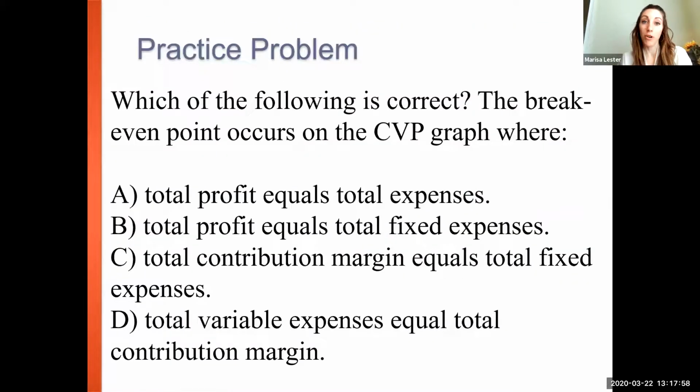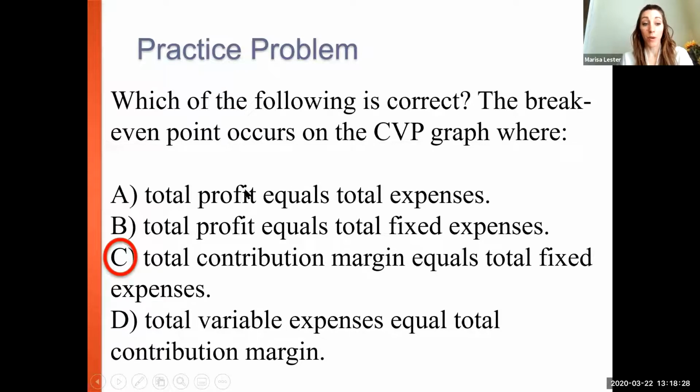Okay, let's do some practice problems on my CVP graph. Which of the following is correct? The break-even point occurs on the CVP graph where total contribution margin equals total fixed expenses, right? So total profit and total expenses, that doesn't mean that we're at break even, right?